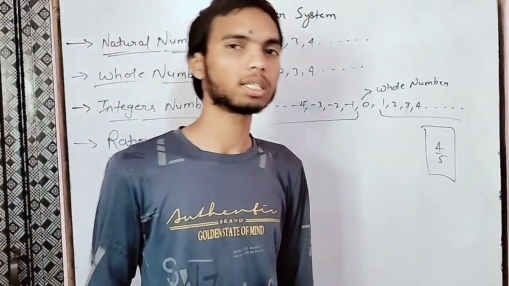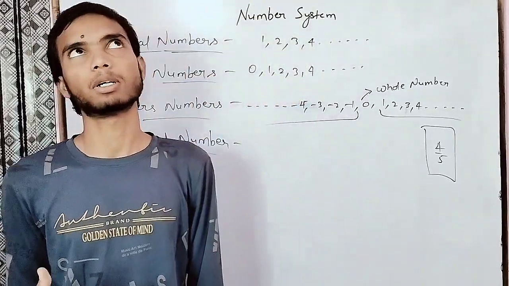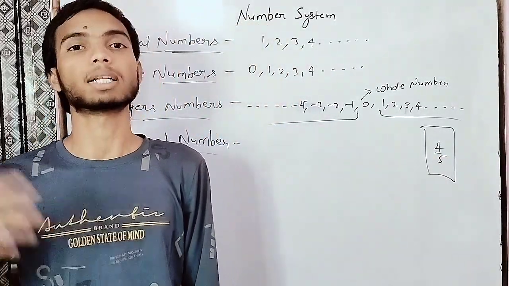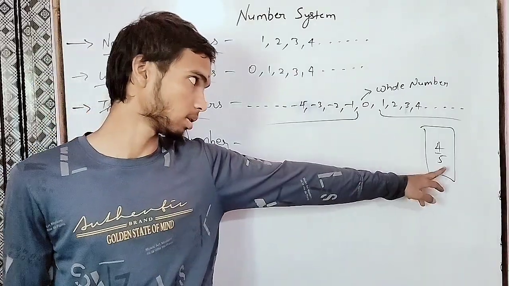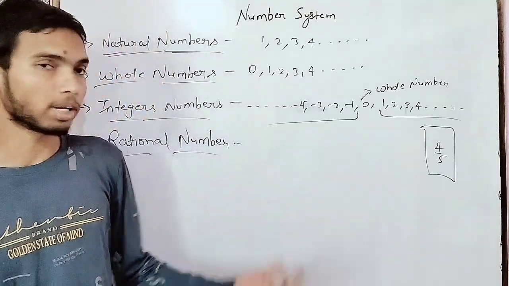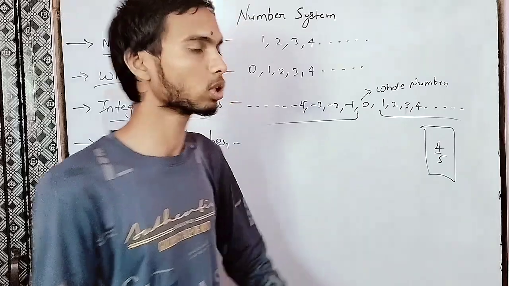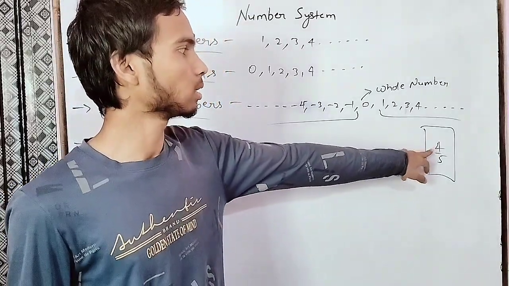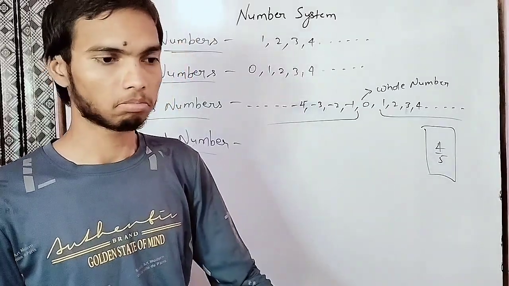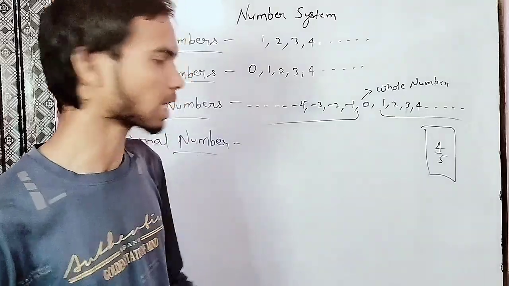When it comes to integers, the numerator can be -4 or -67, or -20; it can be negative numbers, positive numbers, or both.